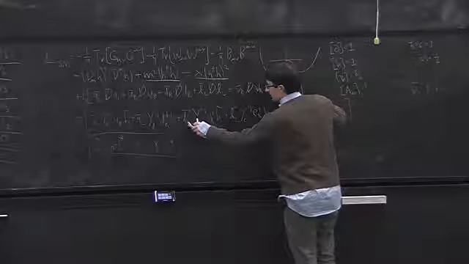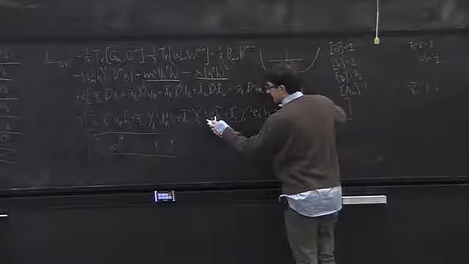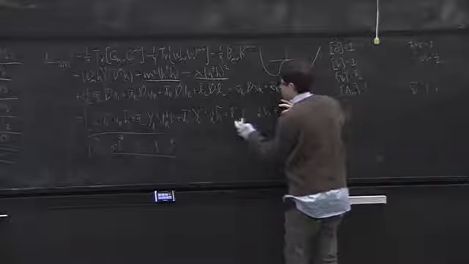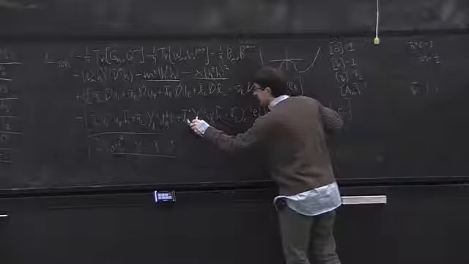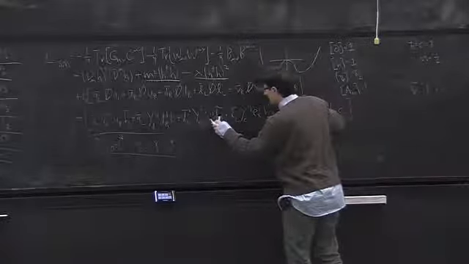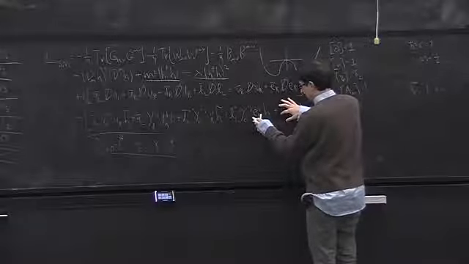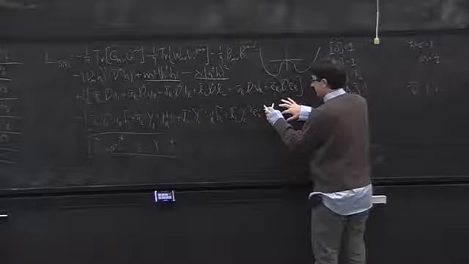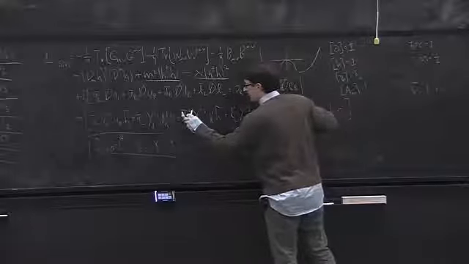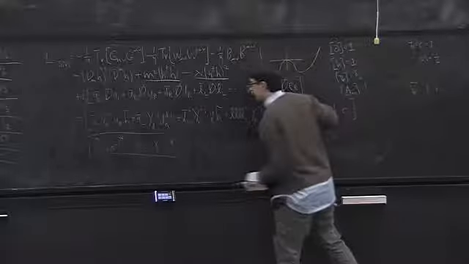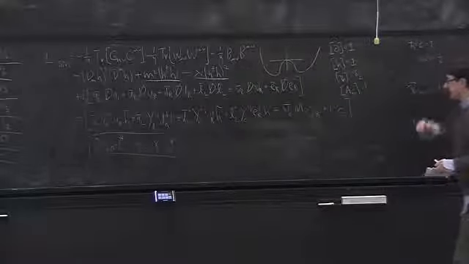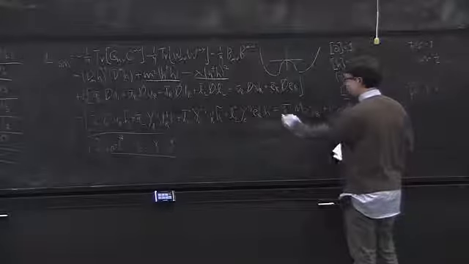The left-handed lepton gets contracted with the right-handed neutrino here, and with the right-handed electron here. And in each case, I have to include an H to get the charges right, to make the term invariant.